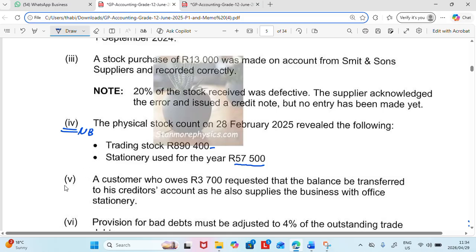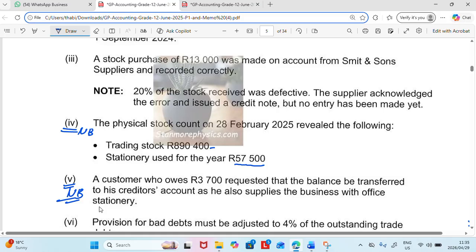So I want you to check where I'm writing NB, that information. So guys, I advise you to always pause the video, read the adjustment, and then we analyze the adjustment together. So we're given a customer who owes 3,700 requested that the balance be transferred to his creditor's account, as he also supplies the business with office stationery.